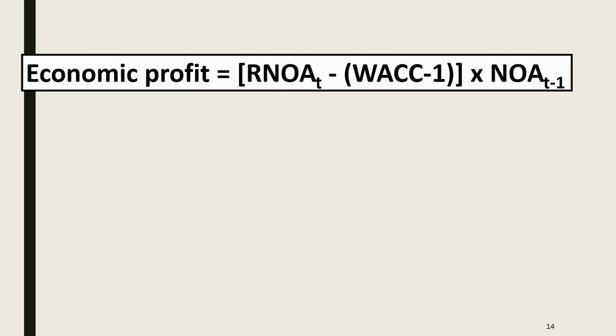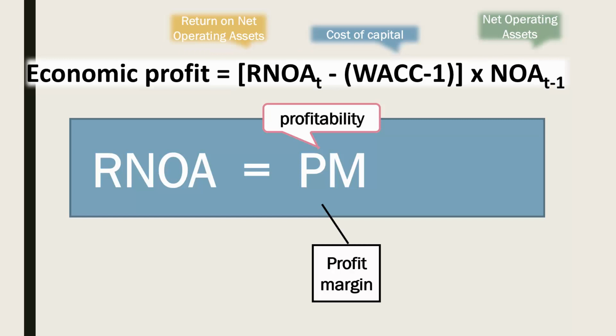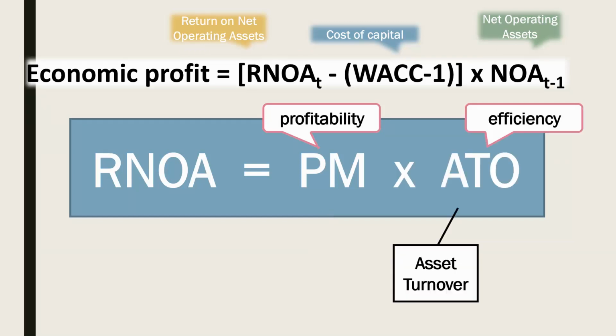We know that economic profit equals return on net operating assets less weighted average cost of capital, all times net operating assets. We also know that profitability, profit margin, and efficiency, asset turnover, are key accounting drivers of return on net operating assets.